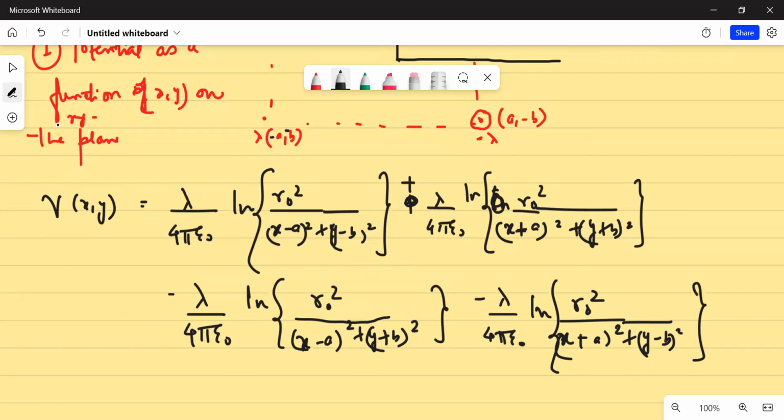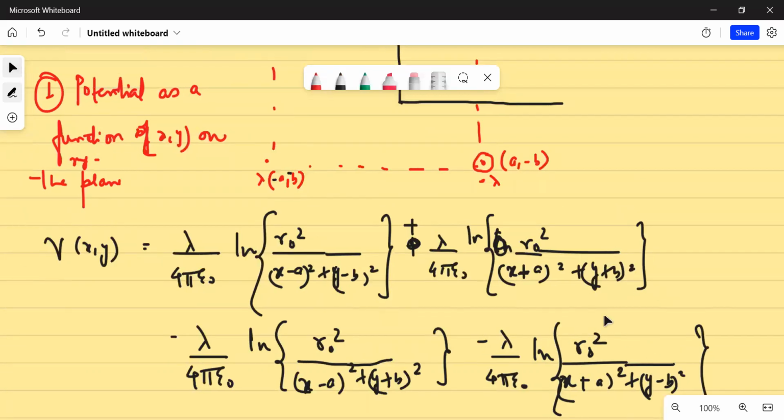Now let us work it out once and see whether it is right or wrong.